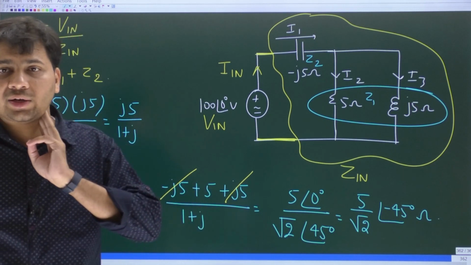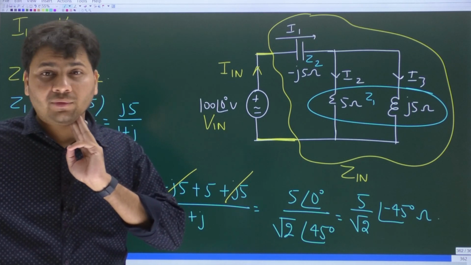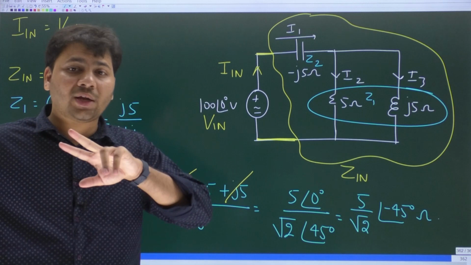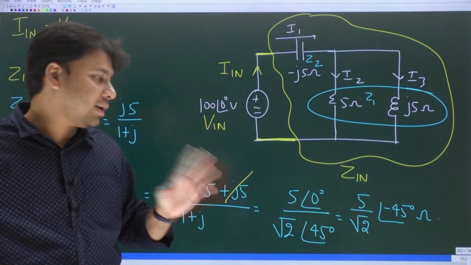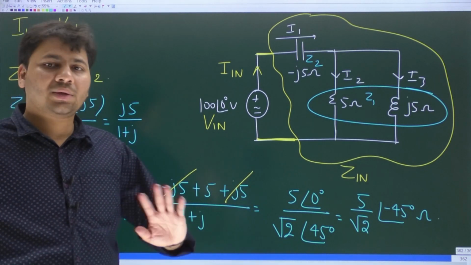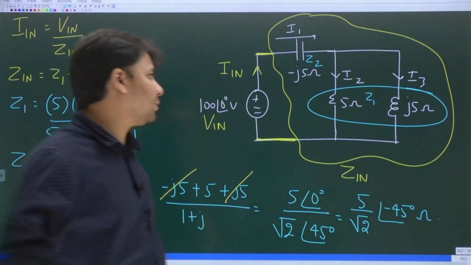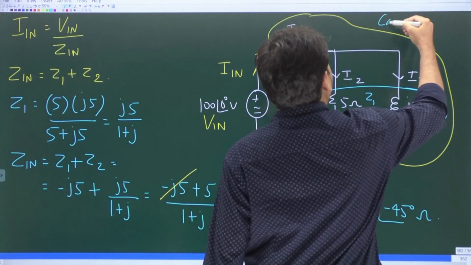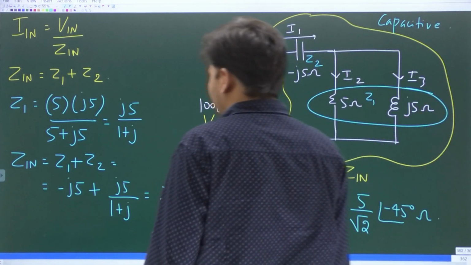Yes or no? Current leads voltage, that is the nature of a capacitive network. Current leads voltage by 90 degrees, it is purely capacitive. But here, current leads voltage by 45 degrees. The overall nature of the network is capacitive. Okay. So this is going to be capacitive in nature.